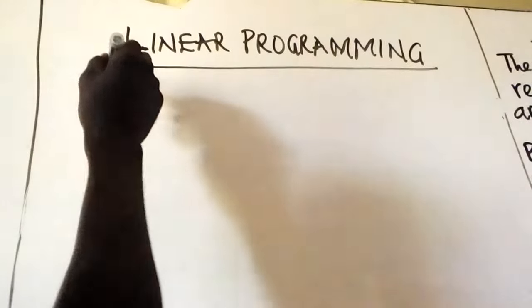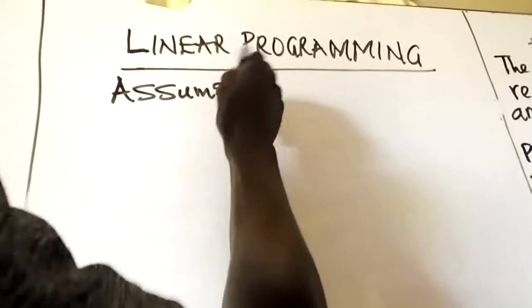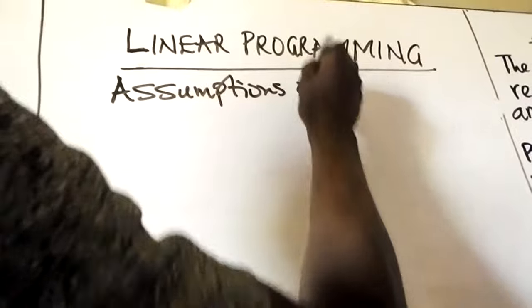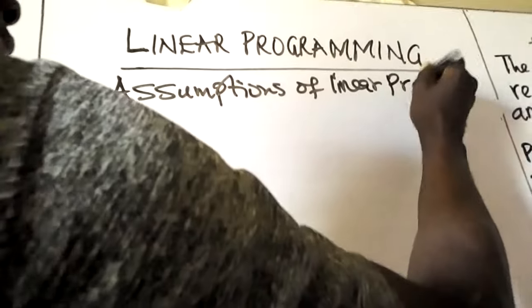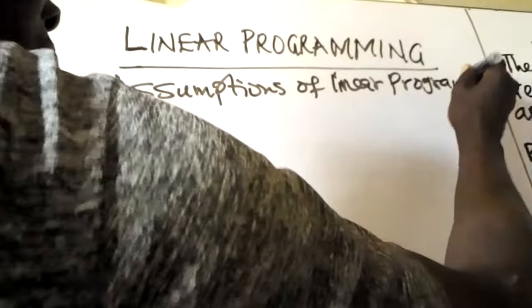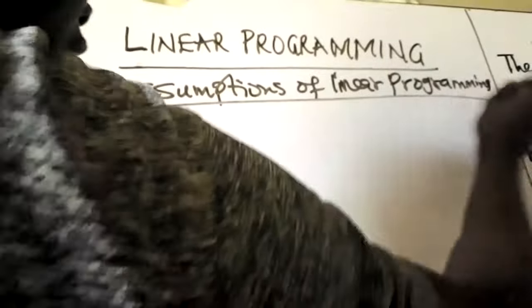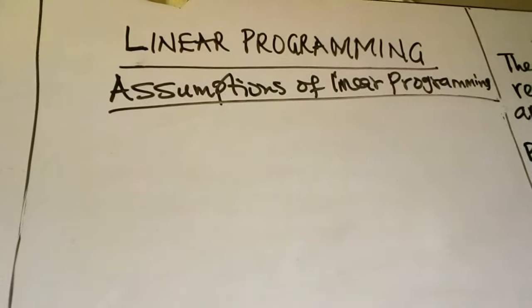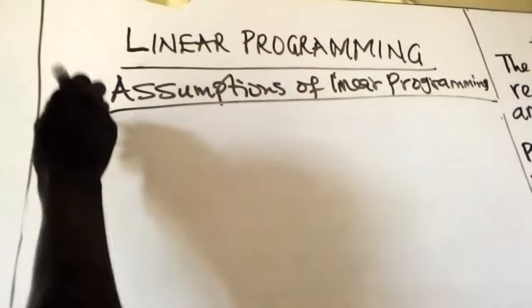So I want to consider the assumptions of linear programming. Number 1 is linearity.